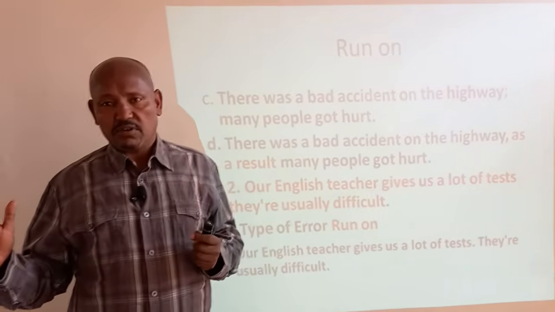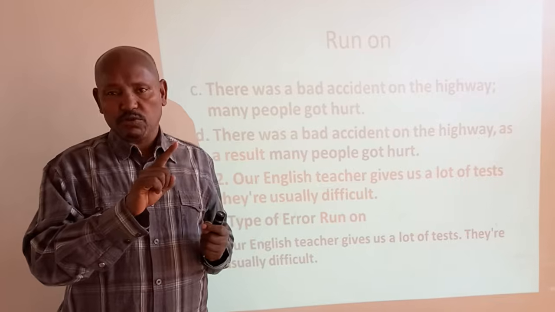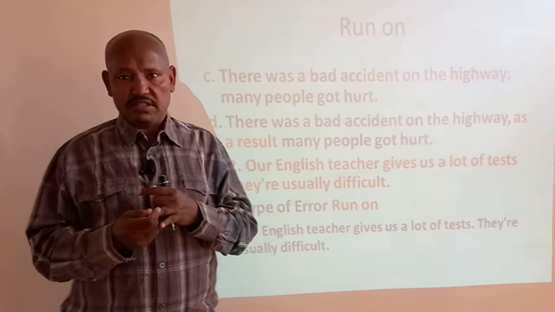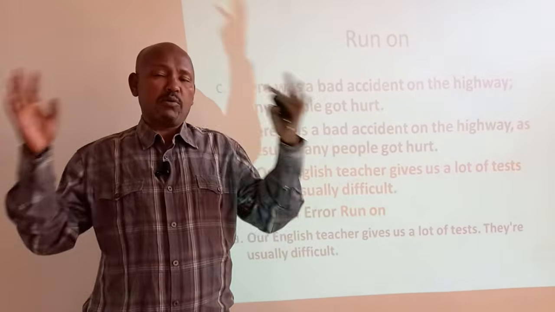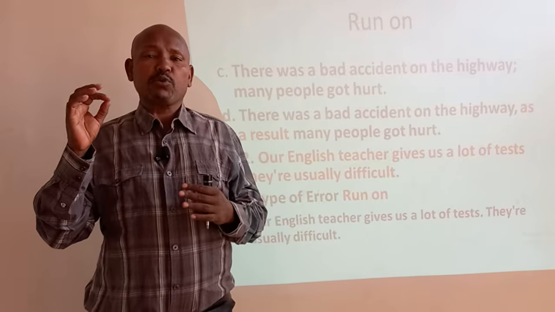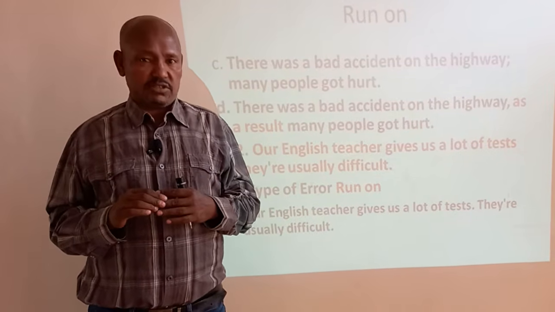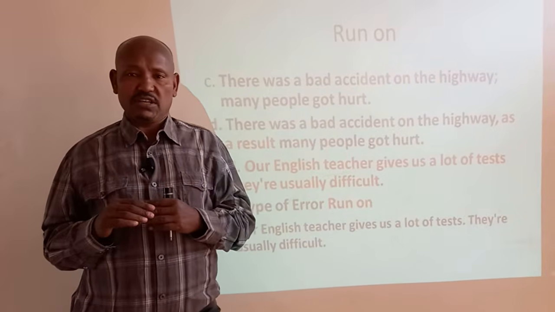But in the case of subordinating, we consider a dependent clause and one independent clause. They may sometimes form complex sentences and compound-complex sentences. So we use one of the subordinating conjunctions whenever we are correcting run-on sentences. It depends on the meaning of the sentence which subordinating conjunction to use.